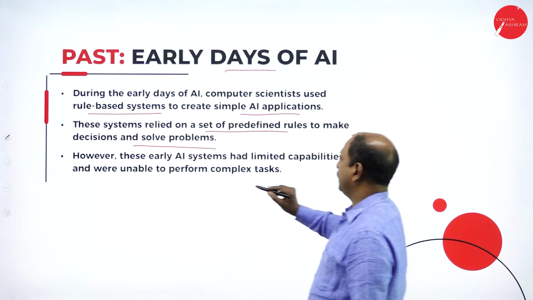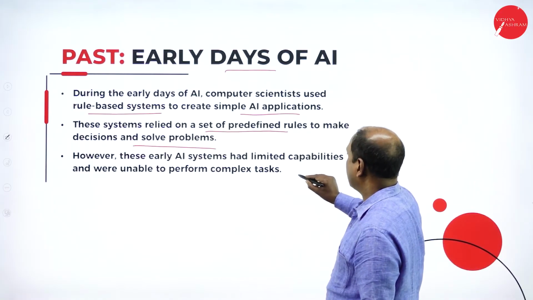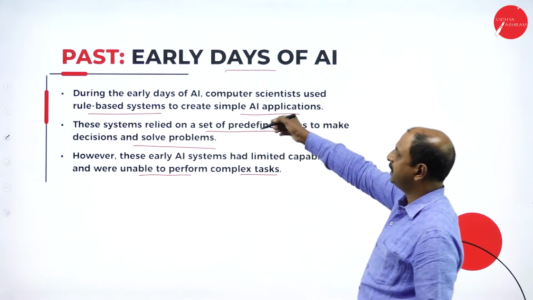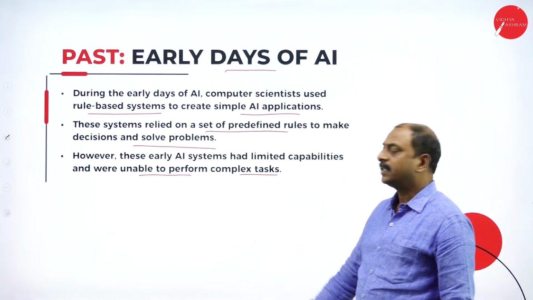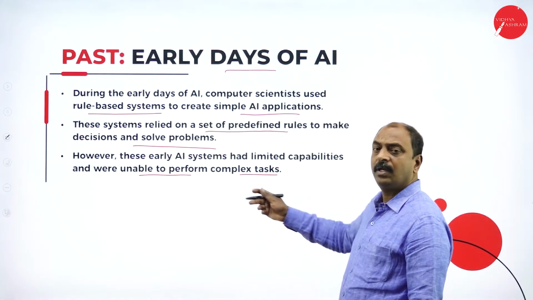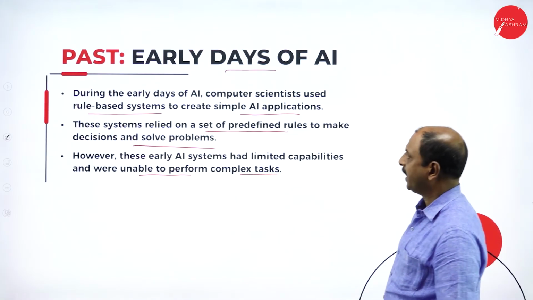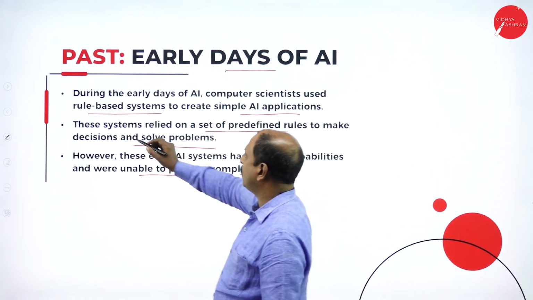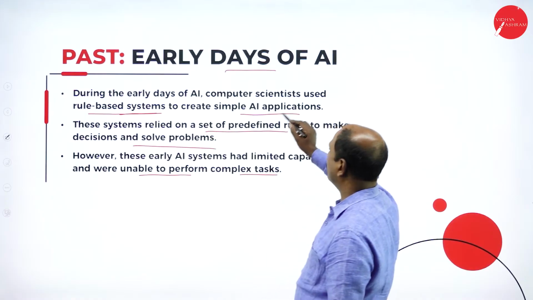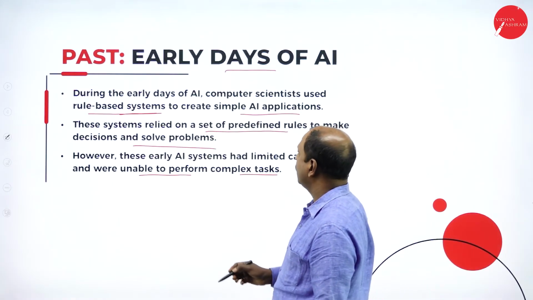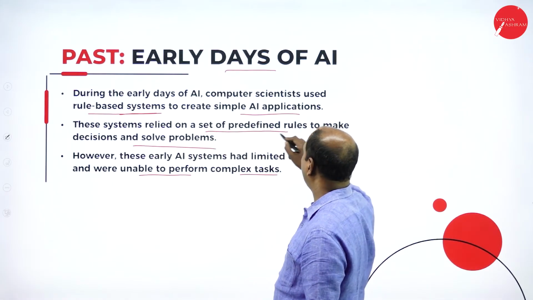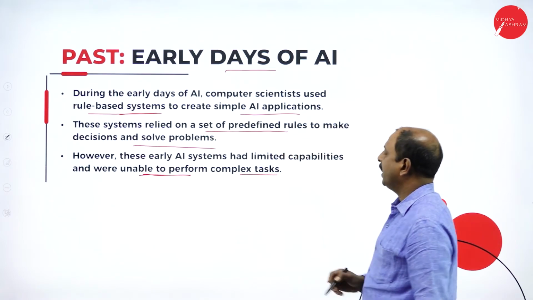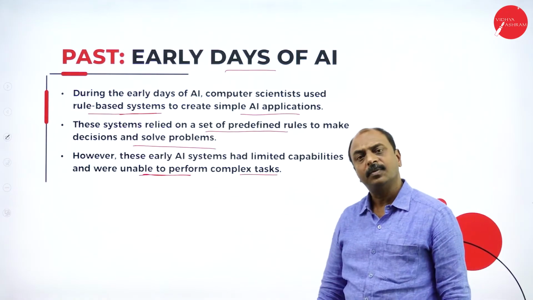Early AI systems had limited capabilities and were unable to perform complex tasks. See, this was the system before the development of AI. Those systems were built on conditions, rules or models, and a set of predefined rules, and they were not able to perform much for complex problems.